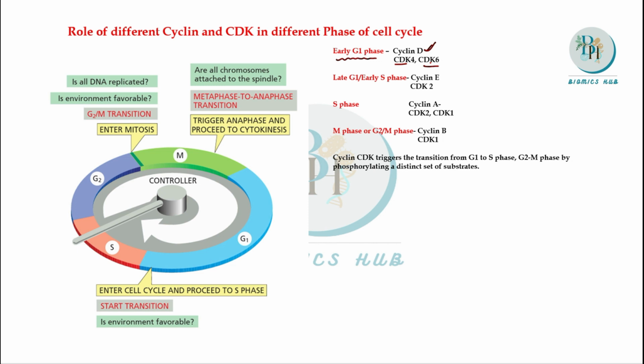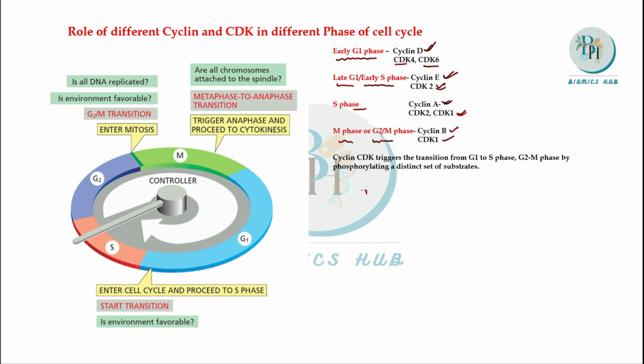In the late G1 or early S phase, the cyclin involved is cyclin E and CDK2. In the S phase, the cyclin is cyclin A and the CDKs are CDK2 and CDK1. In the M phase, or G2 to M phase, the cyclin is cyclin B and CDK1.